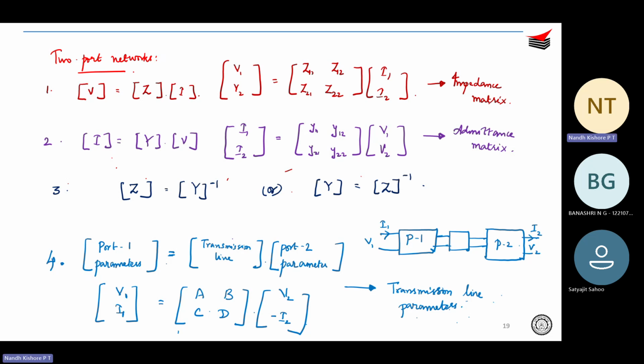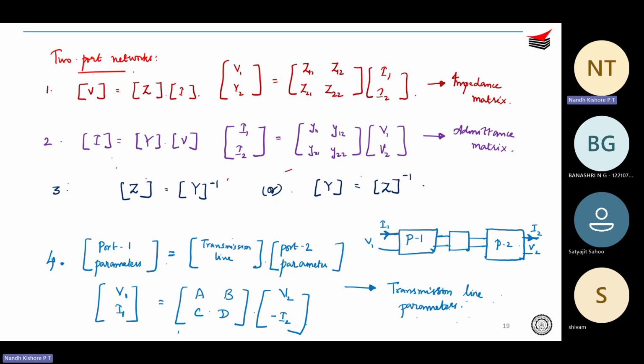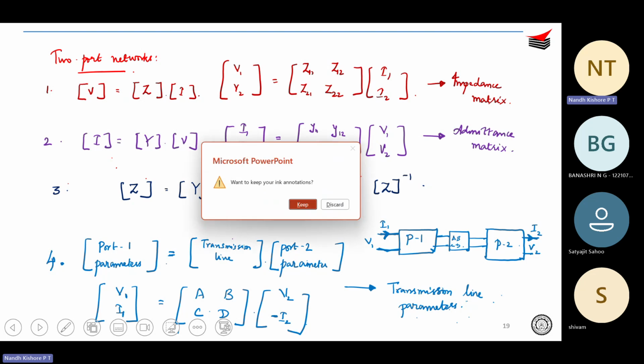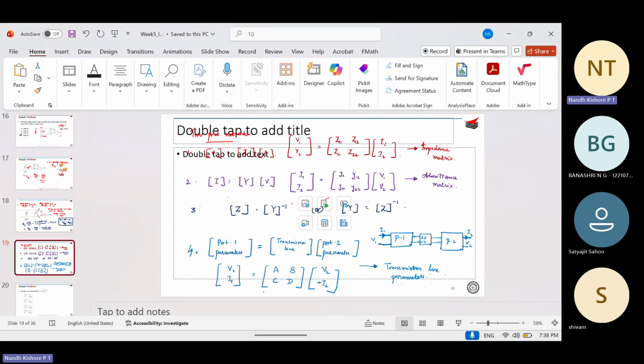You can see that the direction of current in port 1 is entering and in port 2 it is exiting, or whatever convention you take. So the direction of current is opposite with respect to the port. That is why we have V1, I1 is equal to ABCD into V2, minus I2. So do not neglect this negative sign. So we have the transmission line parameters. So far so good. We have related the admittance, impedance, and the transmission line, that is, port 1 is equal to some factor into port 2. Just a cascade.